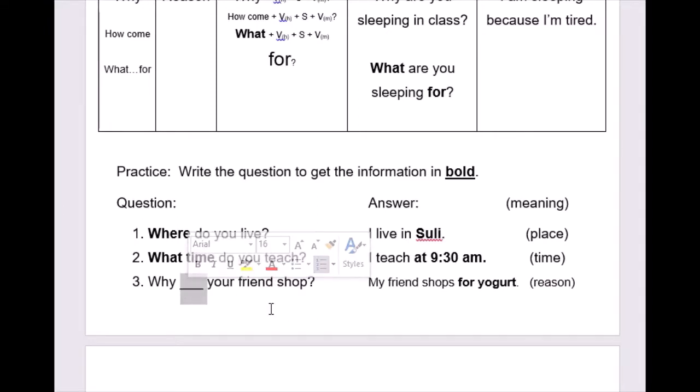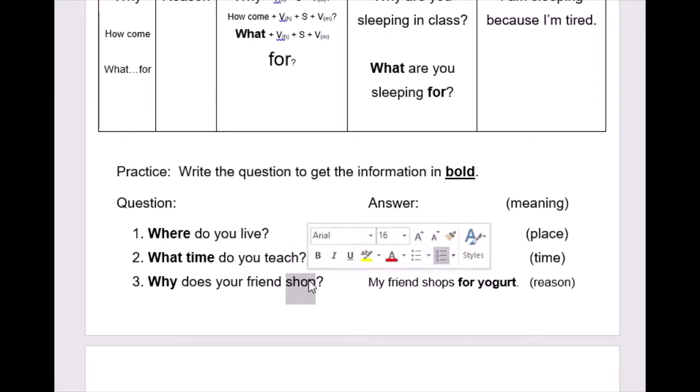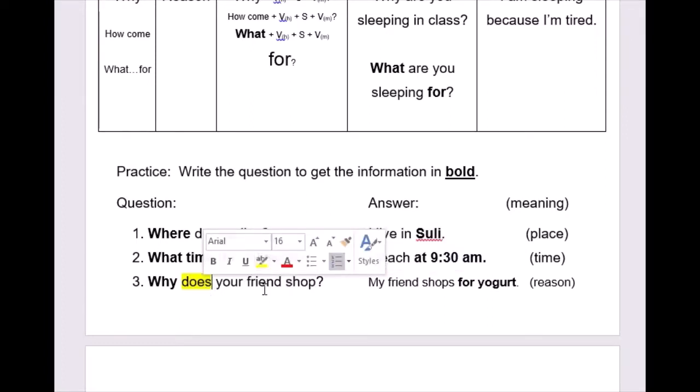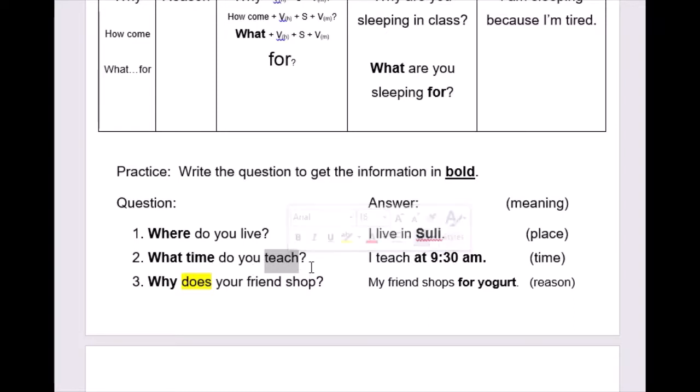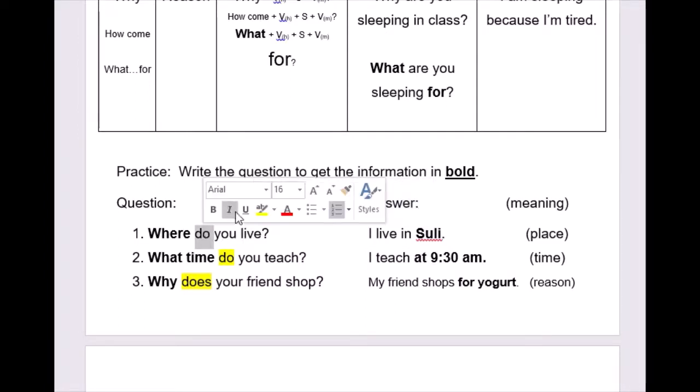Why is your friend shop? Why does your friend shop? Which one? Why does your friend shop? Okay, good. Because shop is an action verb, so I have to use helper verb do. Teach is an action verb, so I use helper verb do. Live, action, do is my helper verb. Okay.